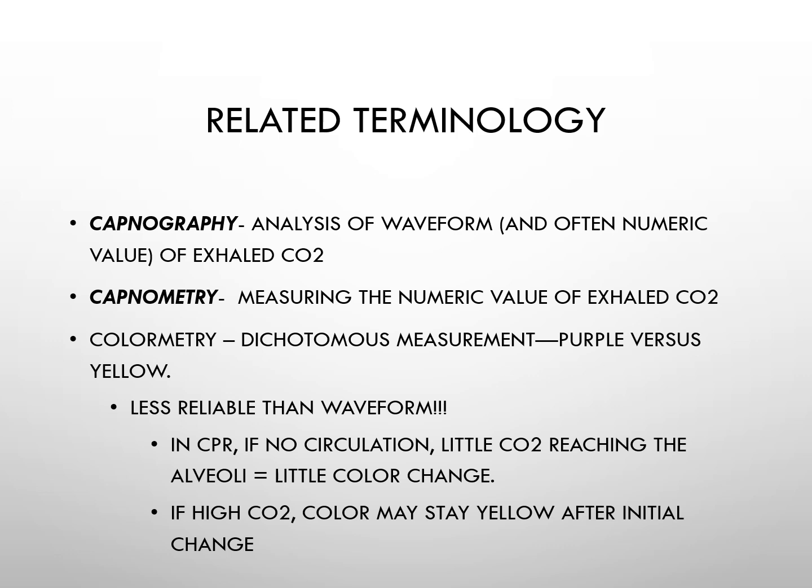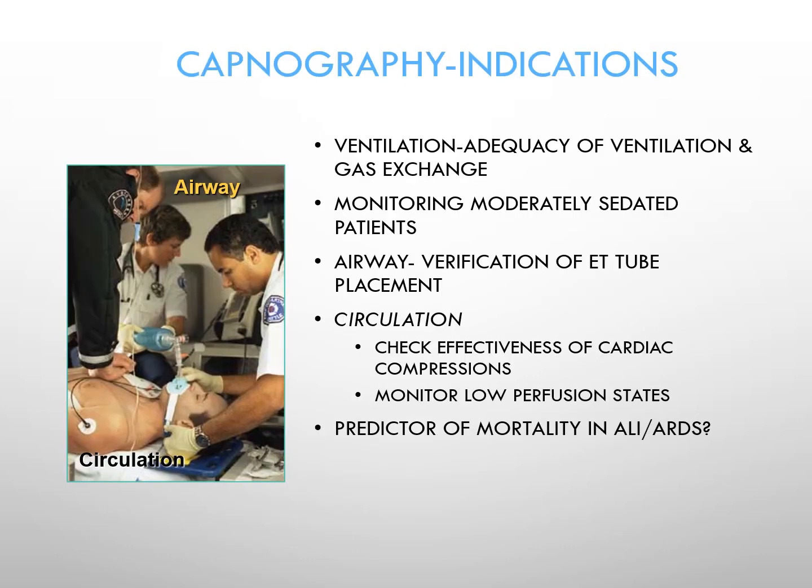For a high CO2, the color may still stay yellow after an initial change because the level is so high, there's so much CO2 being expelled, that the color change does not happen as it would without a CO2 that's that high.